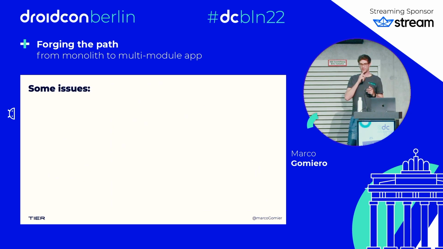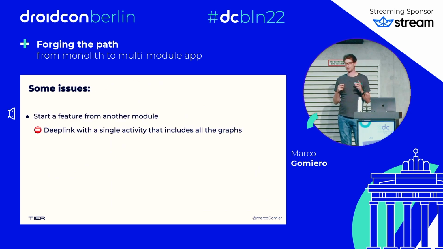So, in order to start a feature from another module with Jetpack Navigation, it's possible with deep links, but it works best with a single activity architecture and by including all the graphs in the same graph. And it was not possible with our current architecture.